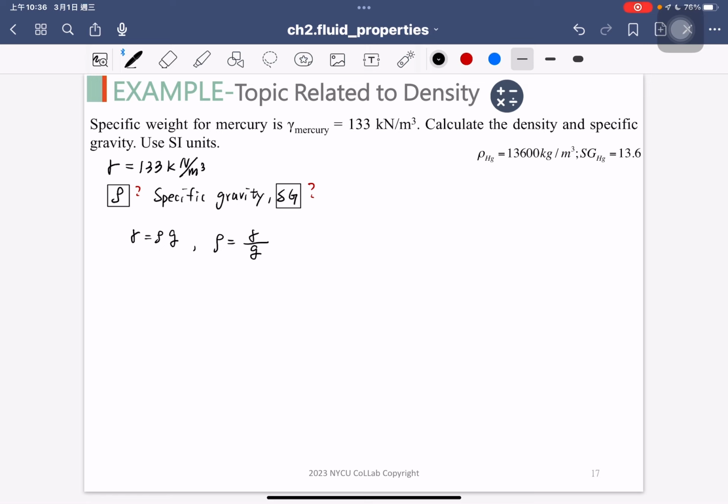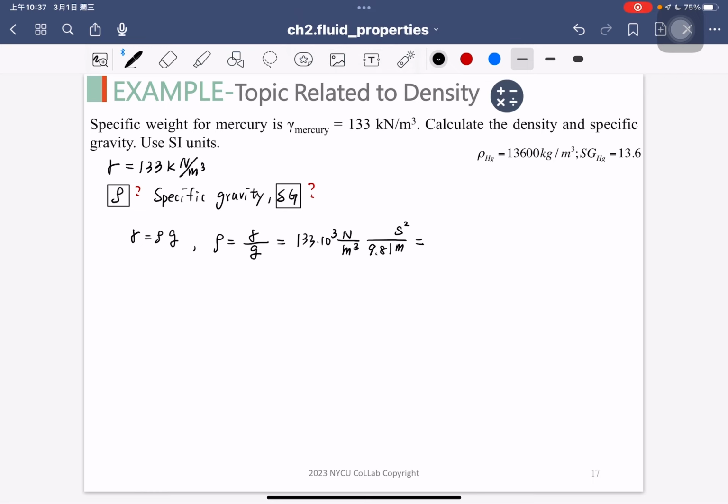It's a very simple idea. So we just put in the numbers: gamma is 133 times 10 to the 3 power, and the unit is newton per meter cubed. And we divide by gravity, 9.81 meter per second squared. Okay? Because we would like to compute the density, you can make the dimensions consistent.